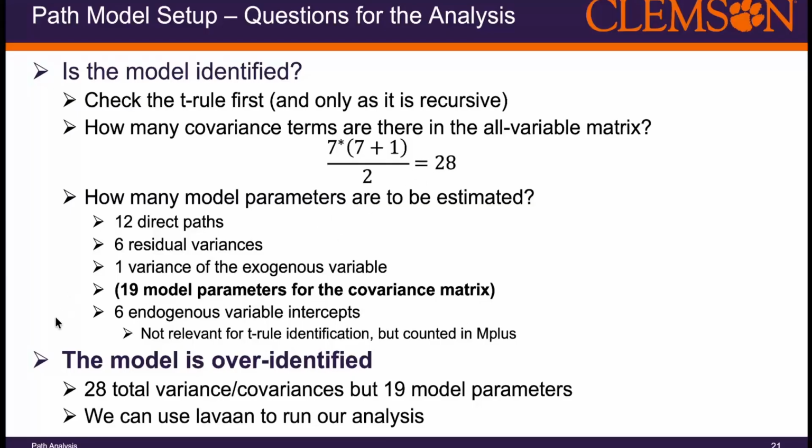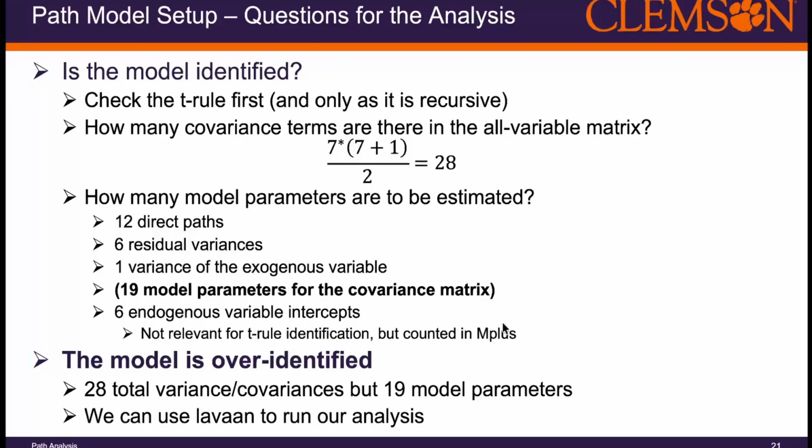We're good. Then you'll note we have 6 endogenous variable intercepts. That's not necessary for the T rule. It's counted in Mplus. It actually was counted in lavaan as well, too. lavaan and Mplus mirror each other quite a bit with multivariate normal path models here. So what this means is we have an over-identified model, so we actually check that off the list as well, too.